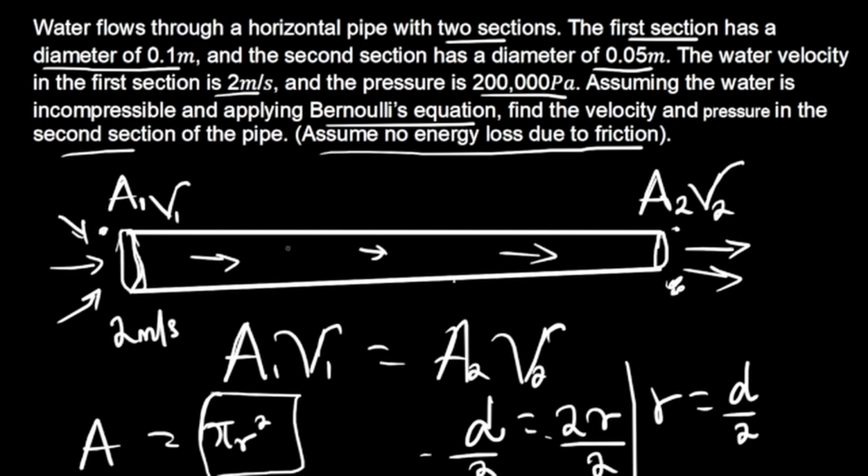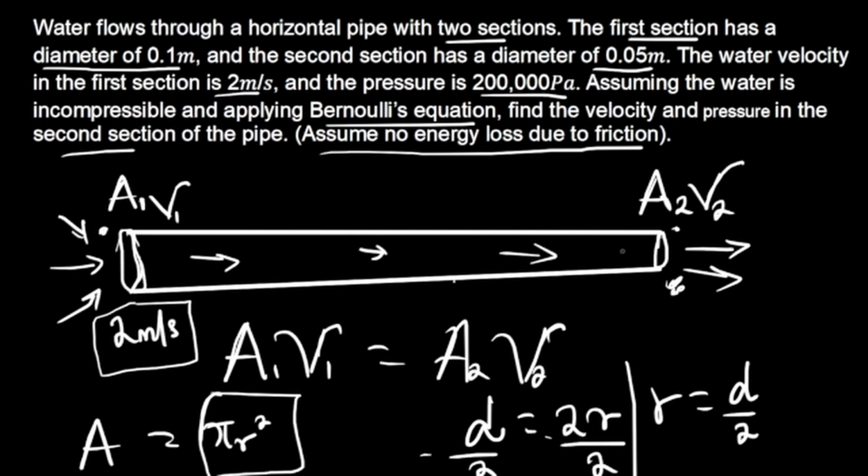And secondly, the wider the cross-sectional area, the lower the velocity. Right here, we've discovered that at our first cross-sectional area, our velocity is 2 meters per second. And the more constricted the cross-sectional area, the higher the velocity.